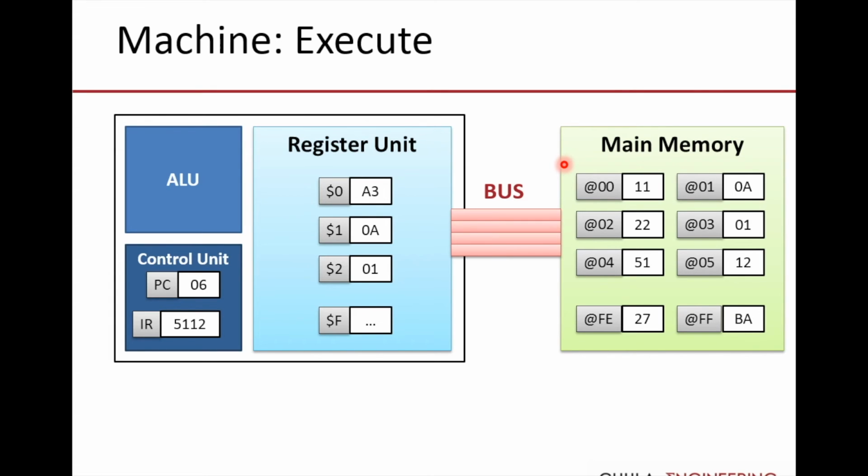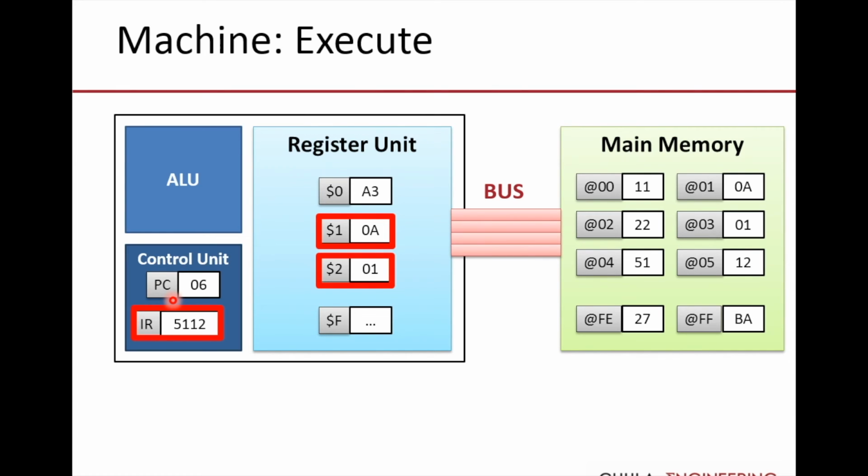So let's take a look at how this one is executed. After 5112, the instruction at memory location 0405, is fetched, the program counter will be incremented by 2 to be ready for the next instruction. Then, based on this instruction, the control unit will decode and execute as follows.